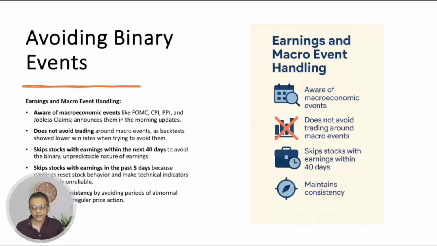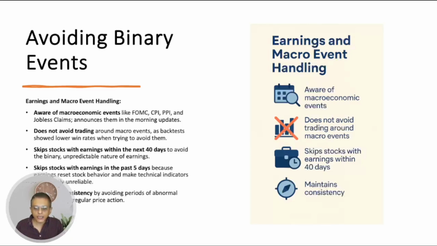The way the algorithm is written right now, it is aware of macroeconomic binary events, but it will not avoid trading around them. And as I mentioned earlier, the reason for that is I did run two sets of backtests, one where the algo was skipping trades around the macroeconomic binary events, and another version where it would just ignore that there's a binary event about to happen.